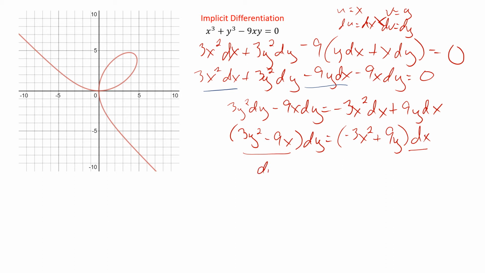So we'll get dy over dx equals -3x squared plus 9y over 3y squared minus 9x. And that is the derivative of this function. You see why we didn't start with this one? Yeah. They get a little bit big.